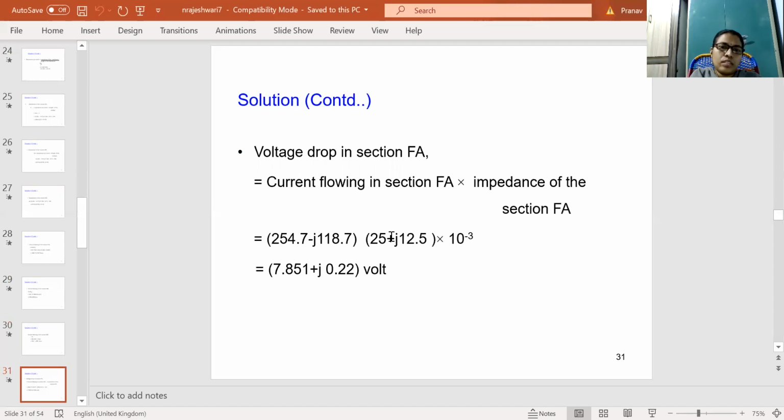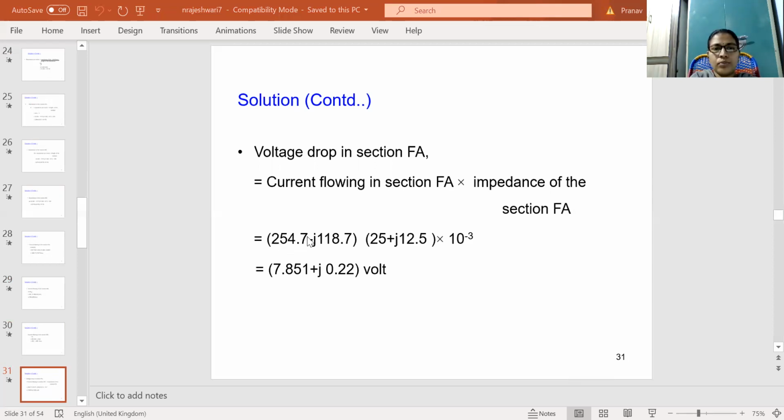The voltage drop in the section FA is given as the current flowing through the section FA times the impedance of the section FA.